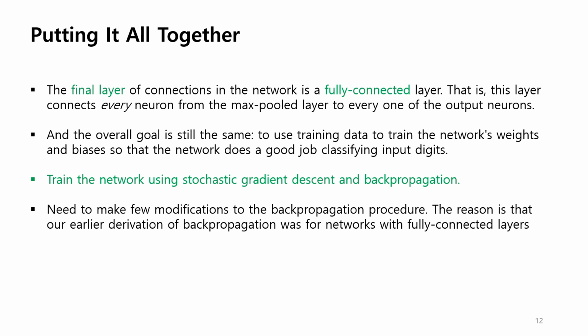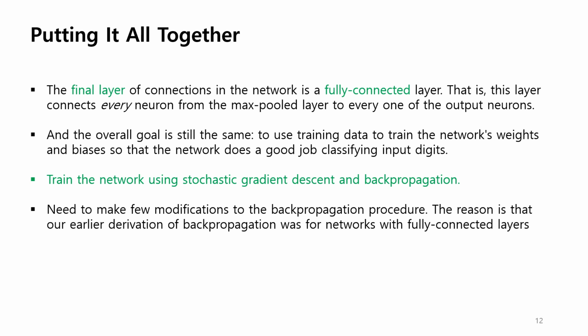So that's basically the structure of a CNN. You can put as many convolution layers as you want in a CNN, but at the end, you put a fully connected layer for output. So that's the structure of a CNN.